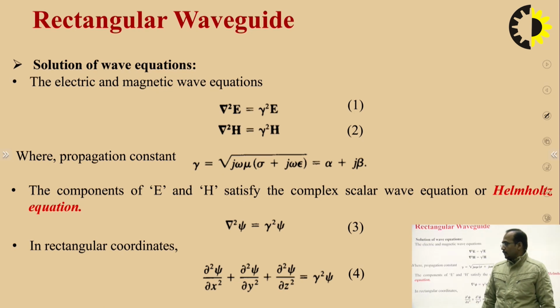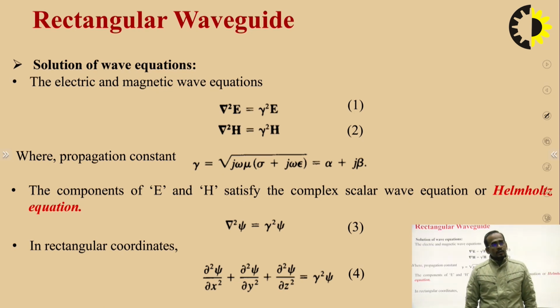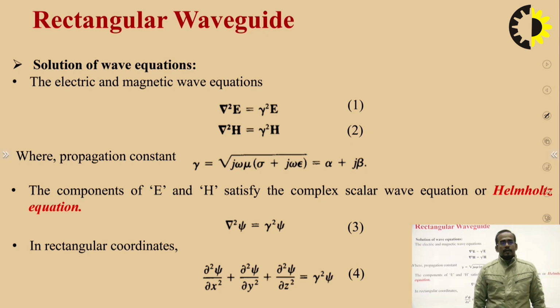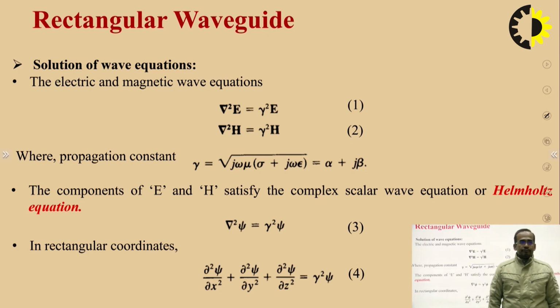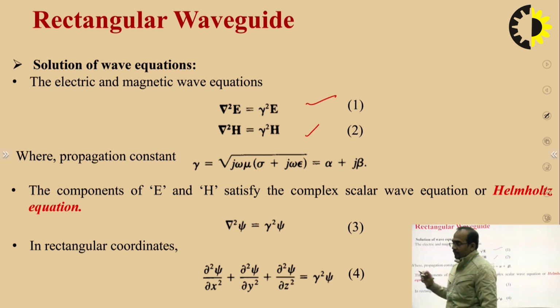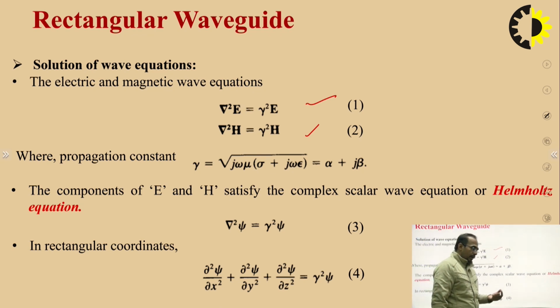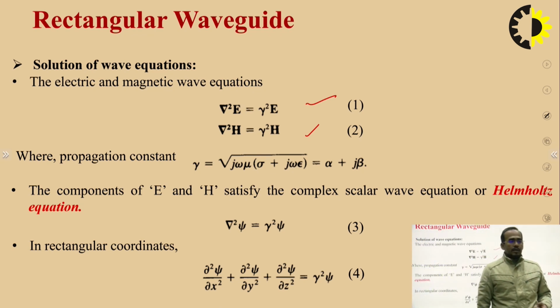So what is the solution of this reflected wave? As I have already told you, the electric and magnetic waves are represented by these two equations, where gamma is the propagation constant, given by the square root of j omega mu times sigma plus j omega epsilon, and this gamma is nothing but alpha plus j beta.